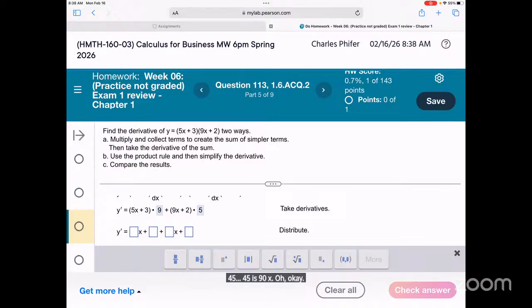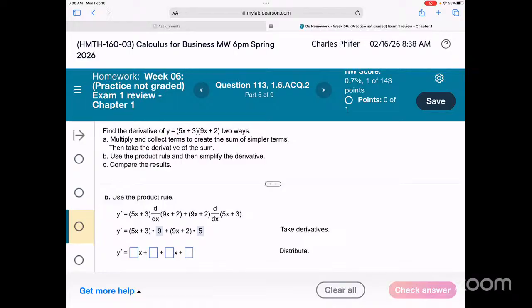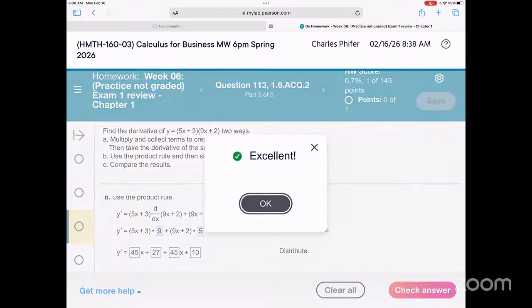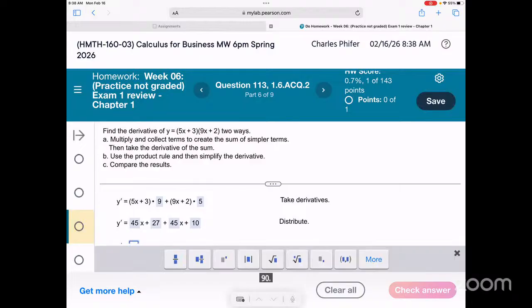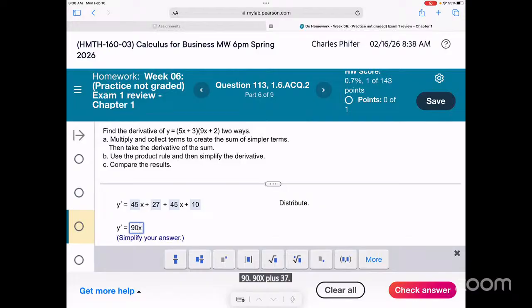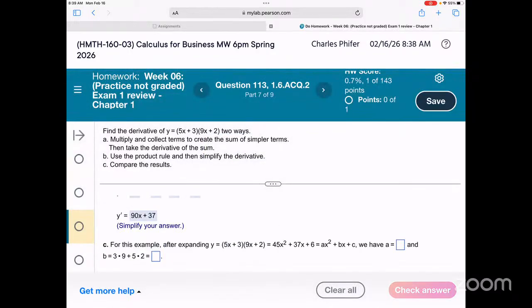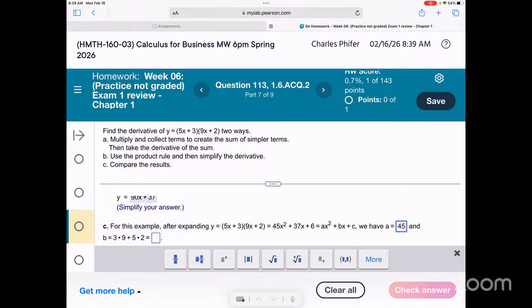Then 45, 27, and 10 gives 37. So it's 90x plus 37.